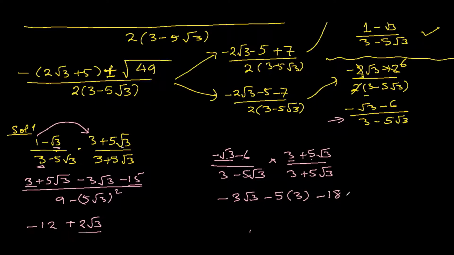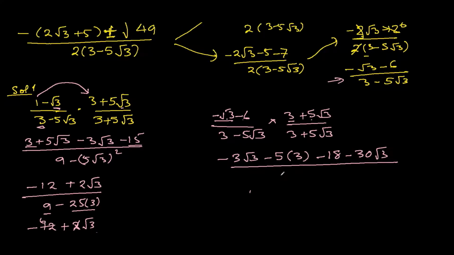Minus 6 times 5 square root 3 will be minus 30 square root 3, over, again with the same identity, a plus b, a minus b, which will be 3 square minus 5 square root 3 square. So we have minus 3 square root 3 minus 30 square root 3, so it will become minus 33 square root 3.